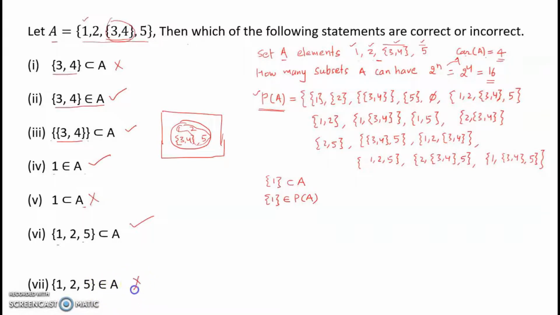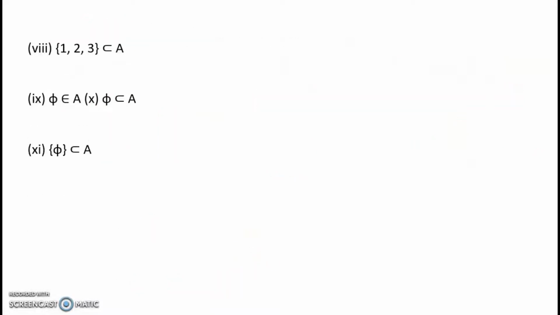It's an incorrect statement, because {1, 2, 5} belongs to the power set of A. That's a correct statement to make, a member.